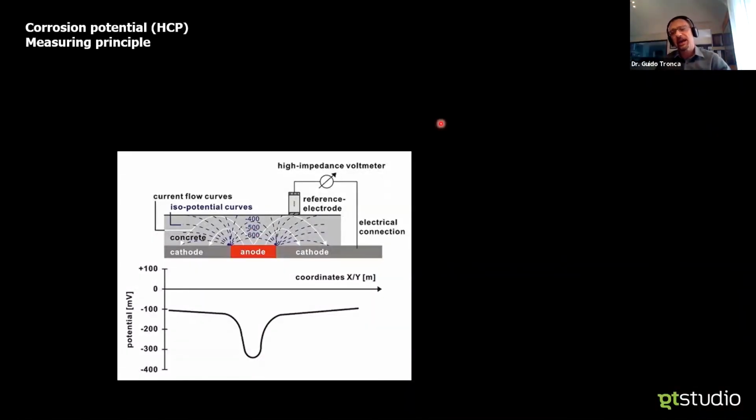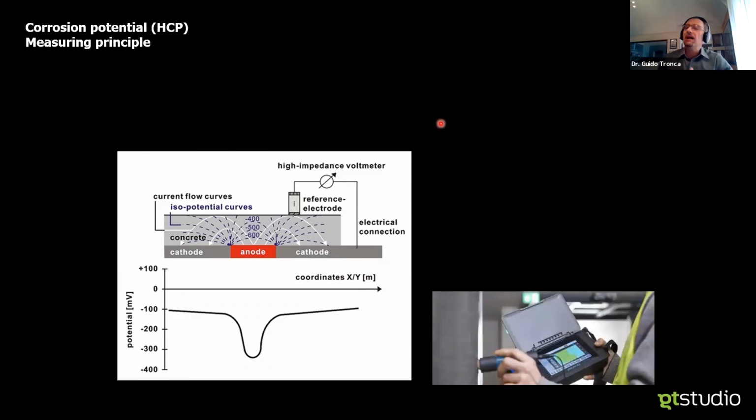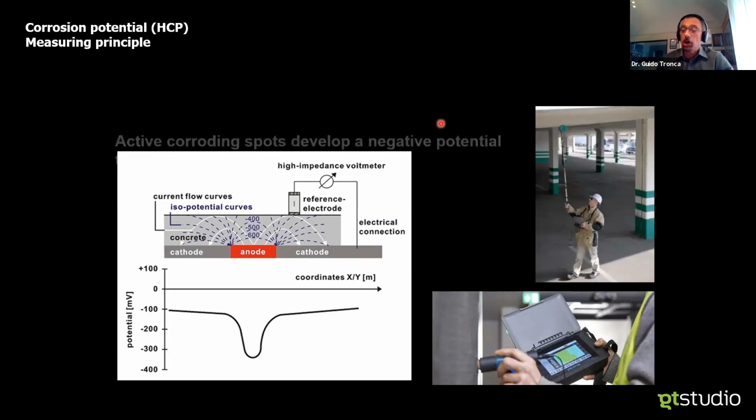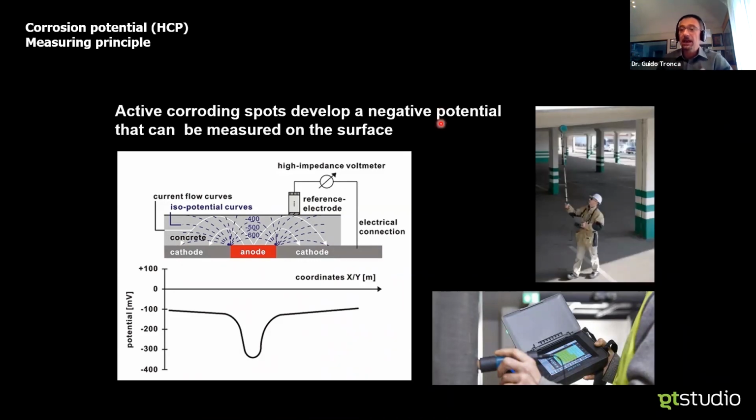I would say the number one technique for global use is the half-cell potential, which is the only one telling me, hey, today there is some corrosion ongoing in some specific spots.